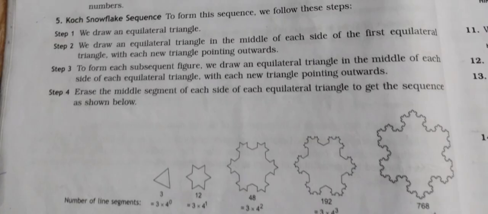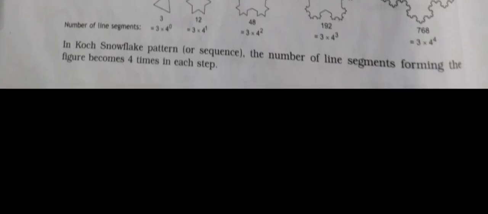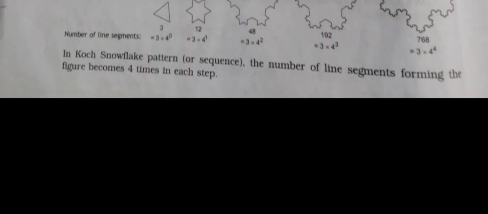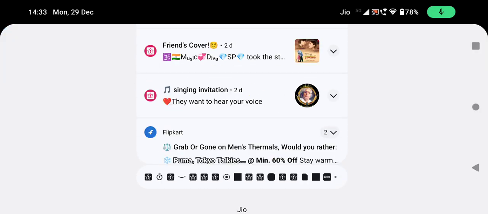To form each subsequent figure, we draw an equilateral triangle in the middle of each side of each equilateral triangle, with each new triangle pointing outwards. 4. Erase the middle segment of each side of each equilateral triangle to get the sequence as shown below. In the Gauss snowflake pattern or sequence, the number of line segments forming the figure becomes 4 times in each step.